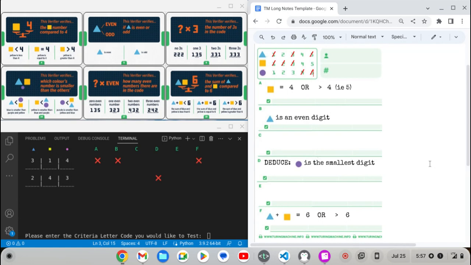Okay. And now let's test. Well, let's see. We have C and E, the number of evens and the number of odds. If I test the number of evens, this will be interesting. Let's see. Yeah, I really don't want to test F again to see what the sum is.